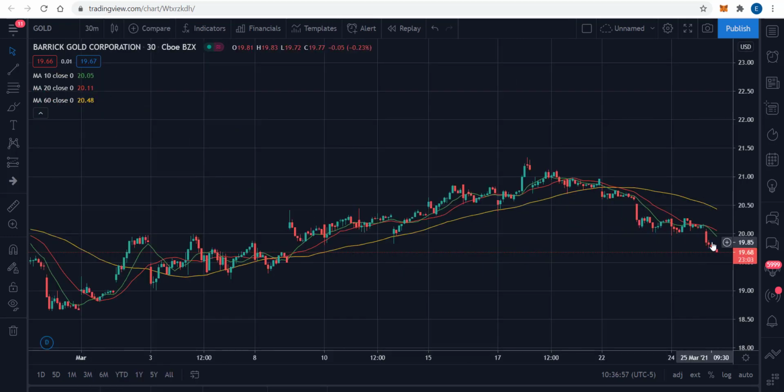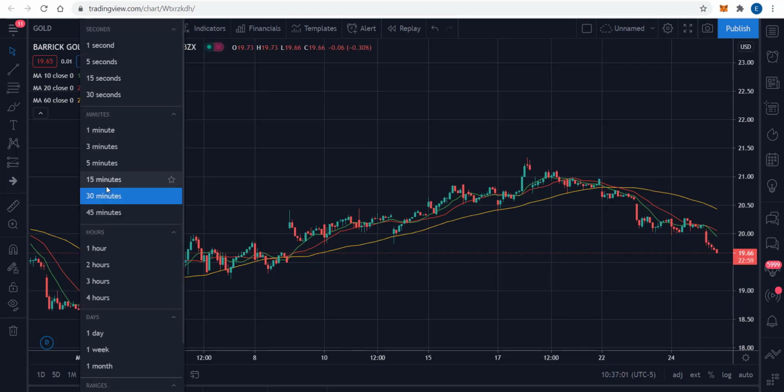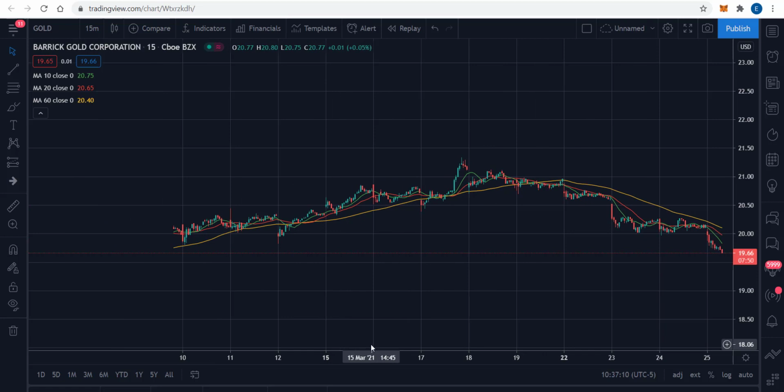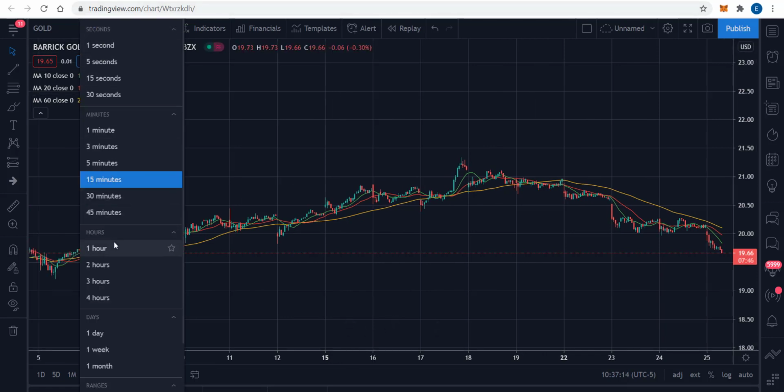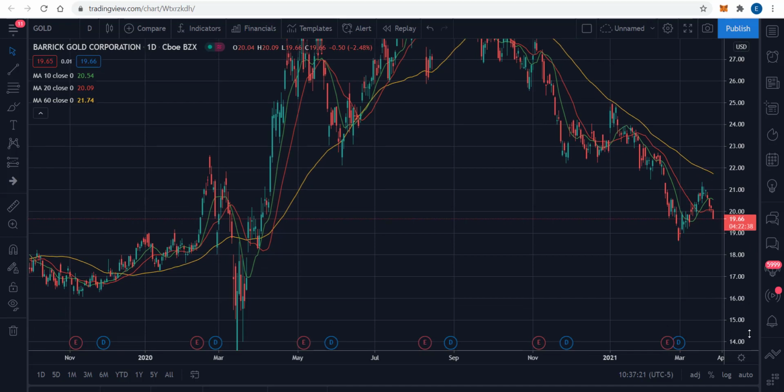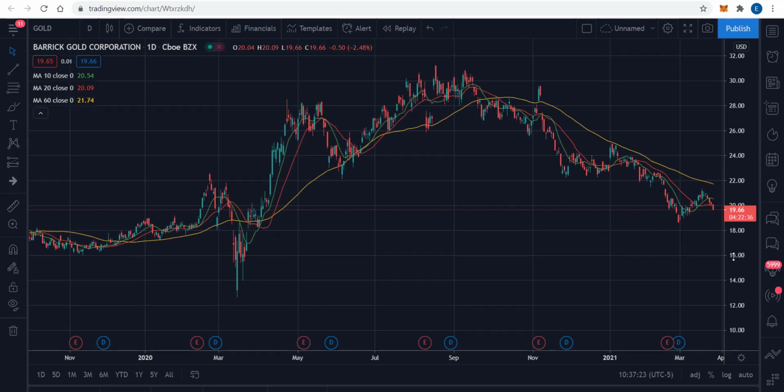On the 30 minute, all three are in line for a lower market as well. And I would imagine the 15 minute is going to be similar. Yep, the 15, all three are in line to head lower. So overall, I would say the tighter time frames of the moving averages are all pointing to a downward trend, even though there appears to be some tightness or some congestion on the daily chart level.